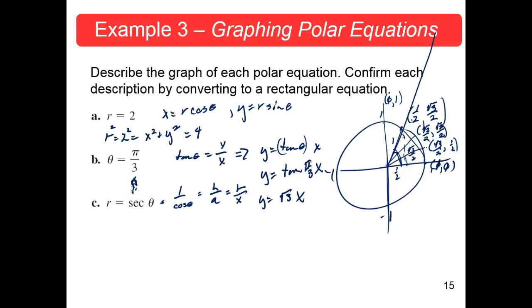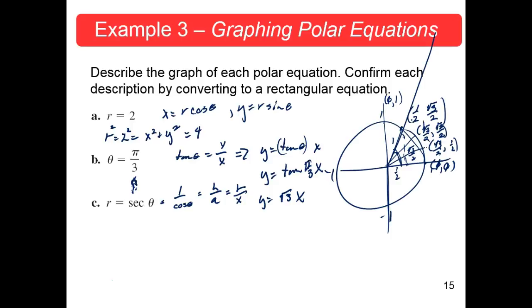When theta is equal to 0, what is cosine theta? I think we've done it about 3 or 4 times today. What's cosine of 0? 1. Very good. And 1 over 1 is 1.